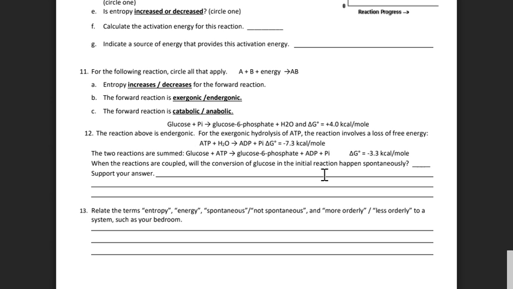This whole question boils down to this. Is a reaction going to be spontaneous if it has a positive or a negative delta G? Which reactions will happen on their own? Is it ones with positive or negative delta G? Okay, the negative.